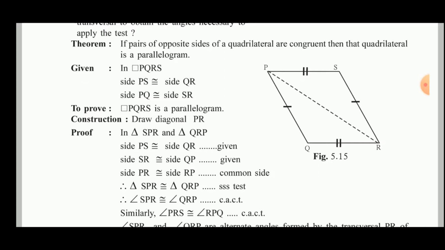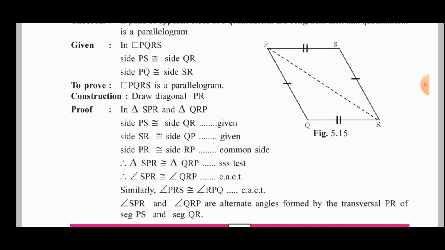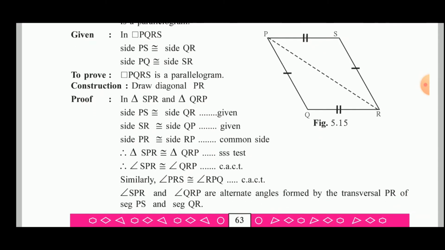Therefore, triangle SPR and triangle QRP are congruent by SSS test. So, angle SPR is congruent to angle QRP, corresponding angles of the congruent triangles. Similarly, we can show that angle PRS is congruent to angle RPQ.